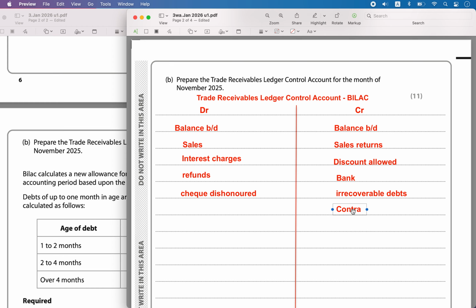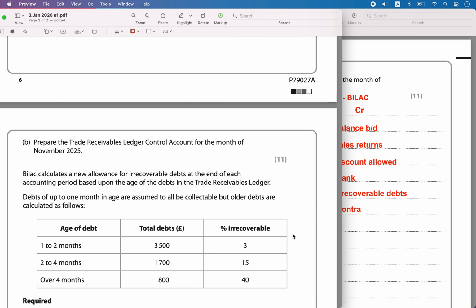Some is irrecoverable debt. And if a supplier is also a customer, then you will have the contra entry. On this side you have the sales, interest charges, refunds and the cheque dishonour. So apart from the sales you will have these three. This is how the trade receivables ledger account looks and you have to know it very well.